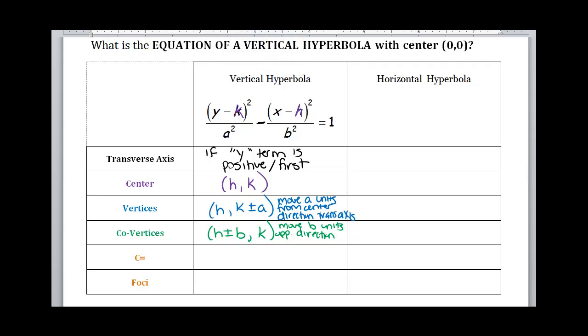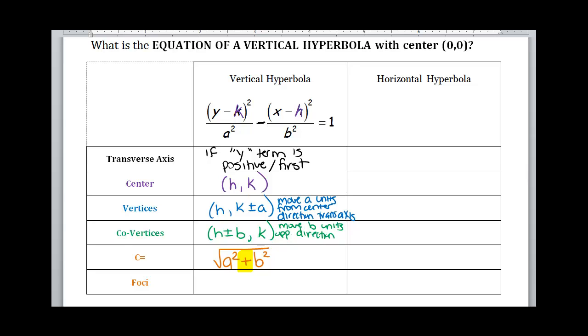Now, c is still going to be used to find the length from the center to each focus. And it's going to be the square root of a squared and b squared, but this time we're going to add them. If you remember, I said that a squared does not have to be the largest value.